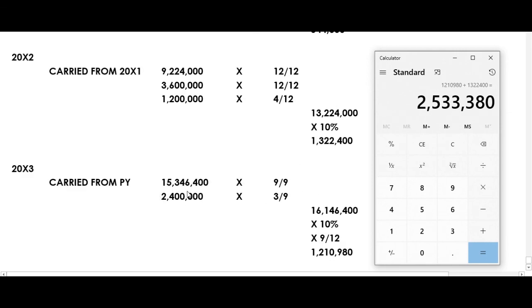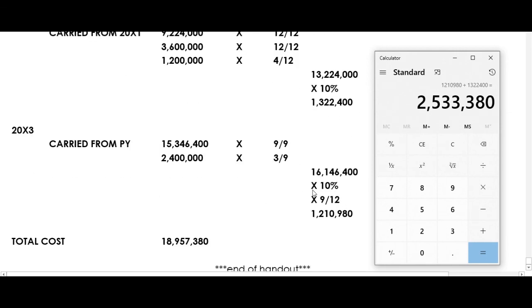Dito ko na nga lang ituloy. Di ba? Nandyan naman na yan eh. Nagkamali yata akong pindot. So, 15,346,400 plus yung 2,400,000 plus yung 1,210,980. So, yun. Total mo lang lahat. Actual cost plus yung borrowing cost. So, ito na yung capitalizable cost natin.